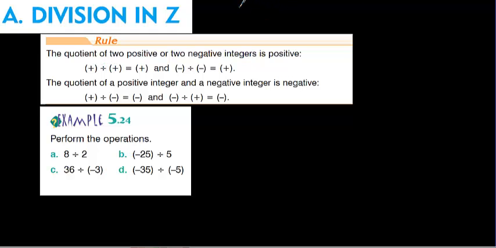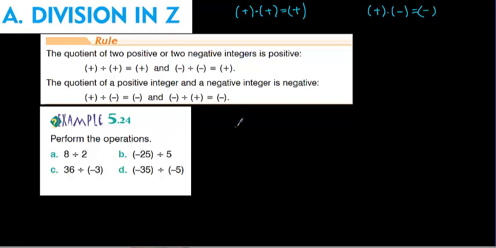If you remember, plus times plus was equal to plus, or plus times minus was equal to minus, and plus over plus is going to be plus, or plus over minus, the result is going to be minus, like in multiplication in integers. So before dividing the numbers, firstly we are going to divide the signs, then we are going to do our operation.